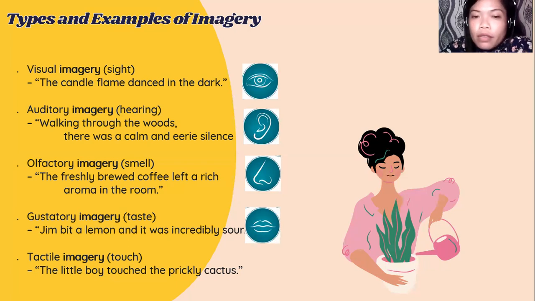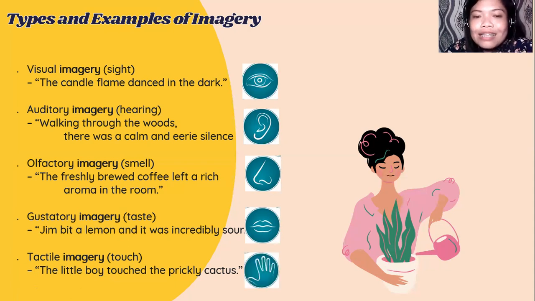It has been simplified. The word sour here is the hint, that's why we are saying that the author in this particular sentence or in this particular excerpt used the gustatory imagery.